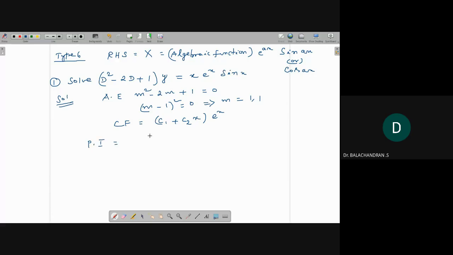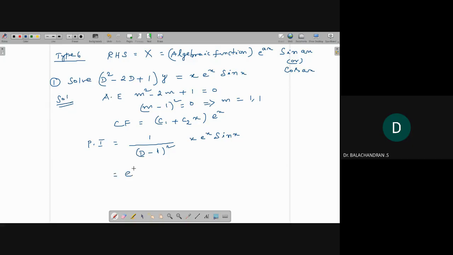The particular integral is 1 by d square minus 2d plus 1, you can write (d minus 1) whole square. The right hand side function is x into e power x into sin x. Now first I am going to operate e power x.